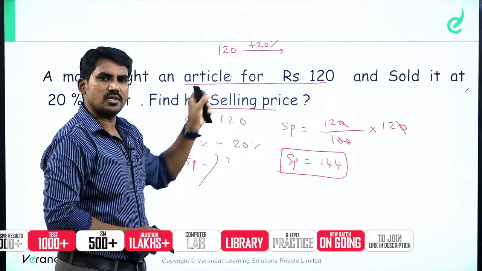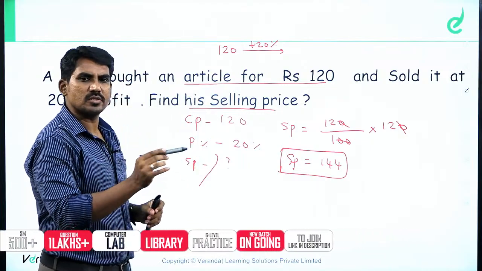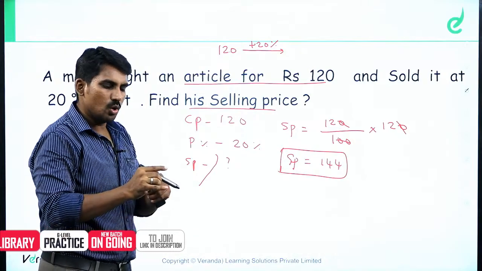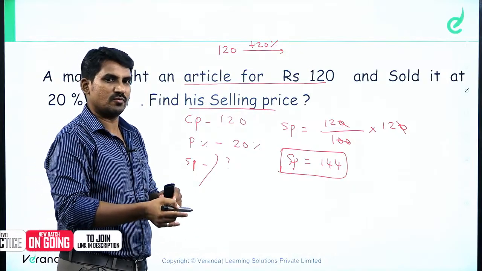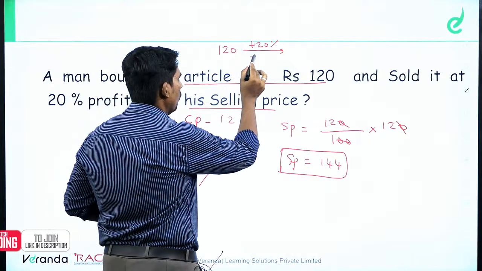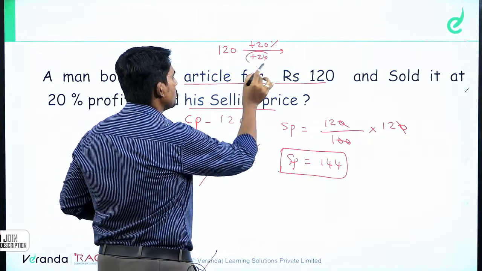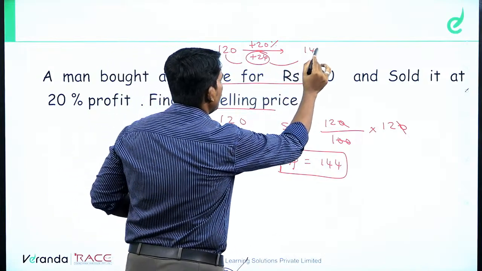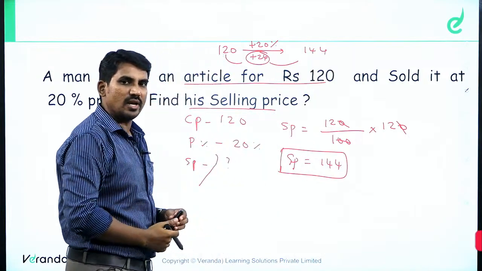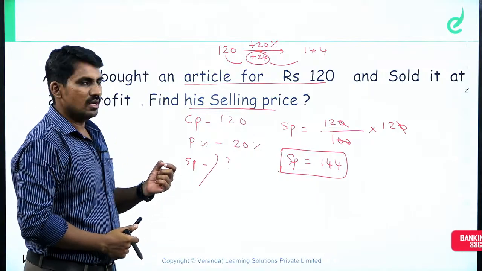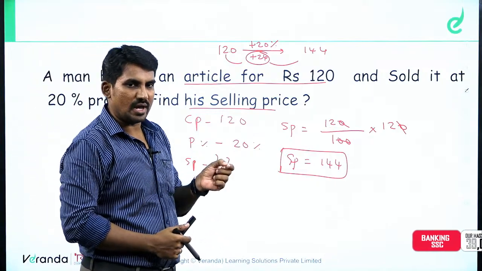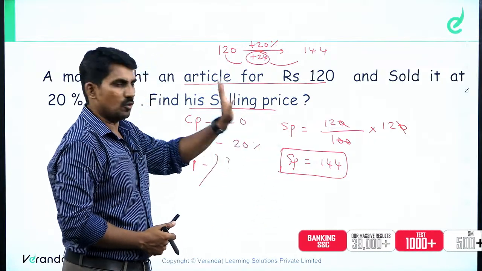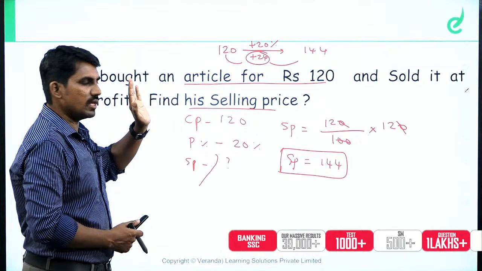What is 20 percentage of 120? 10 percentage is 12, so 20 percentage is 2 times 12, which is 24. Therefore, the money value increases by 24 rupees. 120 plus 24 is 144. This is the mind calculation technique, and the normal approach is this. Clear?